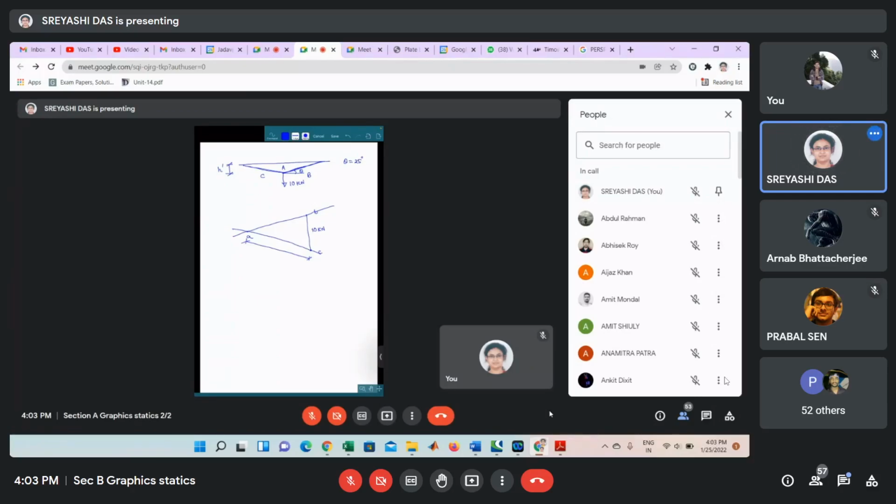Whenever for a truss member or for a beam member, if you increase the depth, it will reduce the force component. But if you reduce the depth of the structure, then the force magnitude will increase. This thing we will discuss in detail when we solve a truss structure.